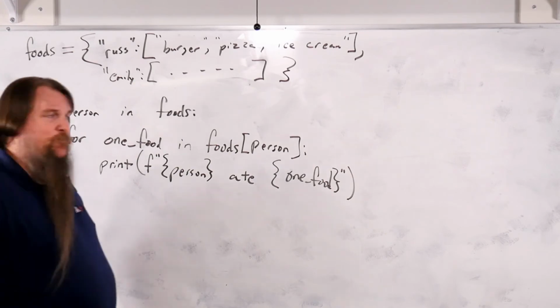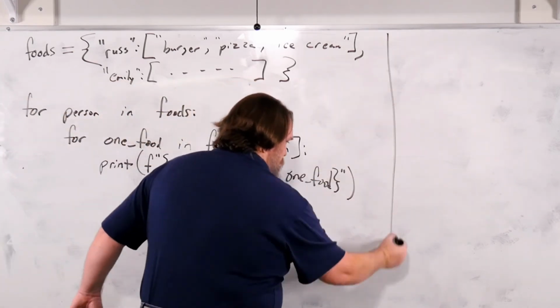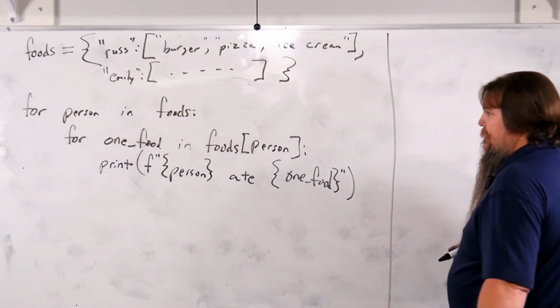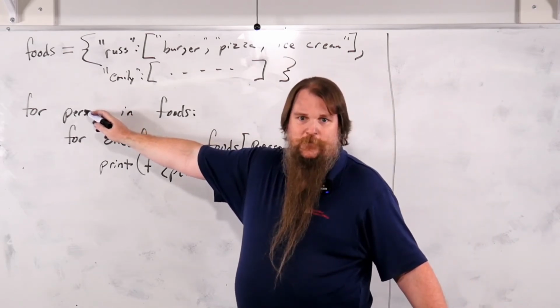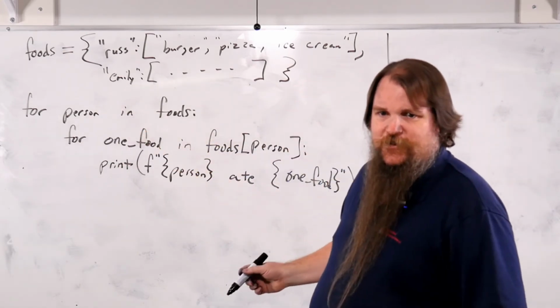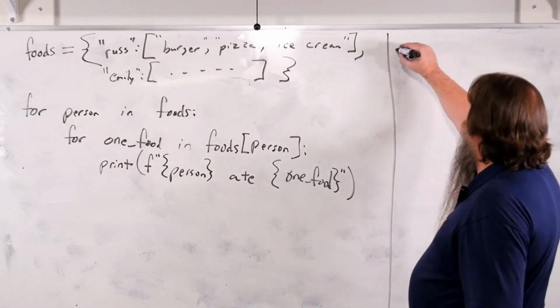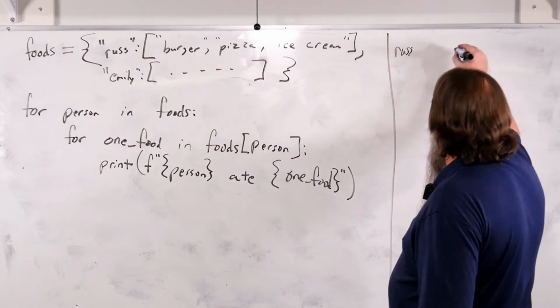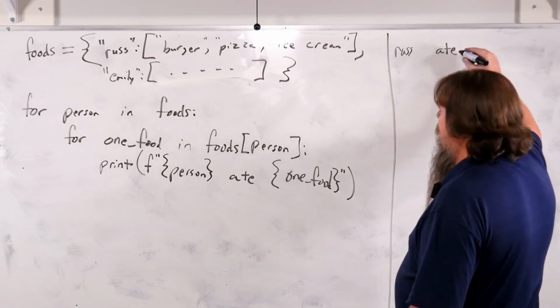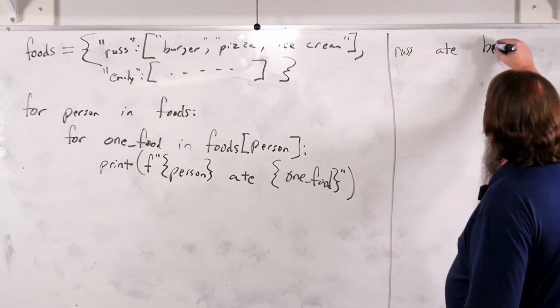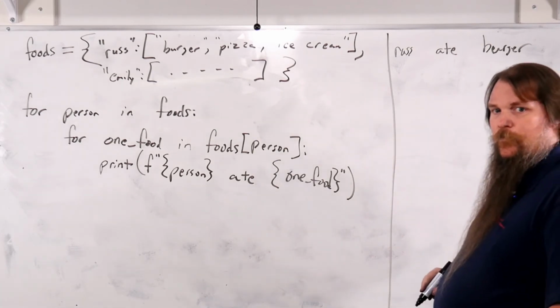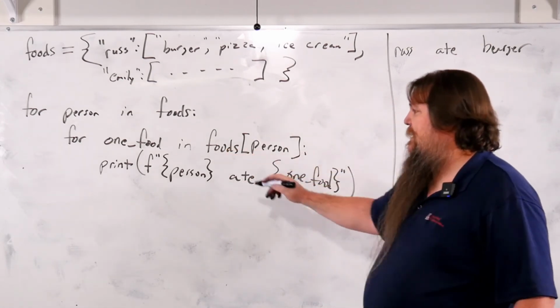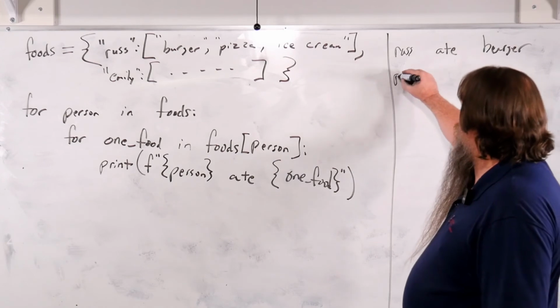All right, what is this going to print? This is going to iterate first through the people. And so for one person, let's start with Russ. Russ ate burger. Then it's going to go to the next food that Russ ate.